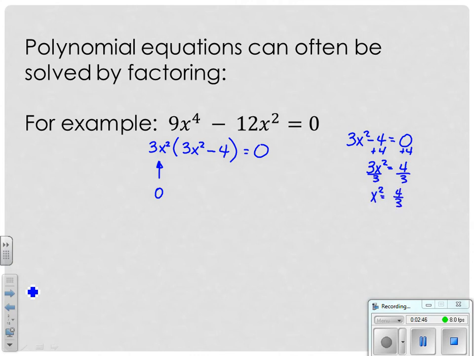Now once we get it to here where x squared is equal to 4 over 3, what we can do at that point is extract our squares. So x is going to be plus or minus the square root of 4/3. Part of that solves. Square root of 4 is 2, but the square root of 3, which is the denominator, does not solve. Now if you remember back to our discussions earlier in the class, you cannot leave a radical in a denominator.